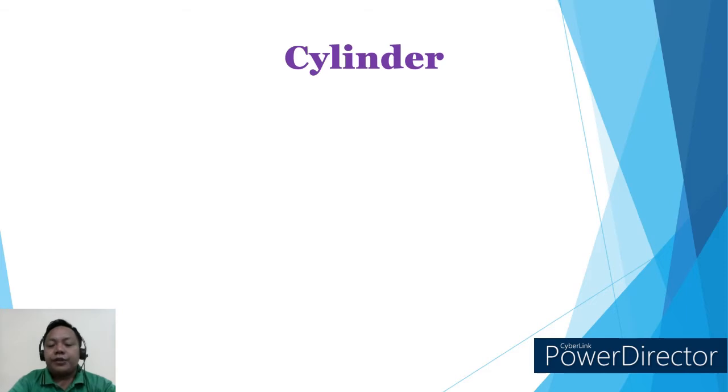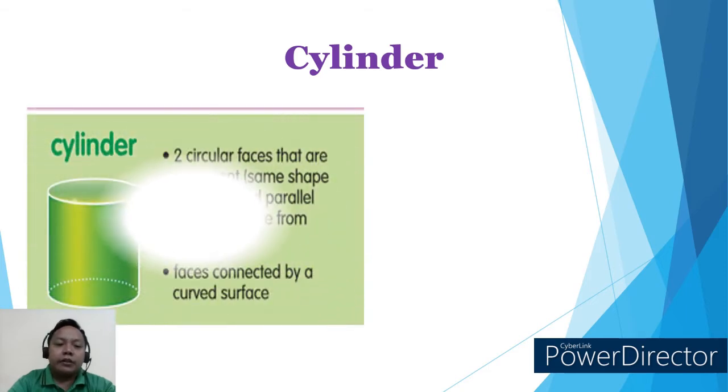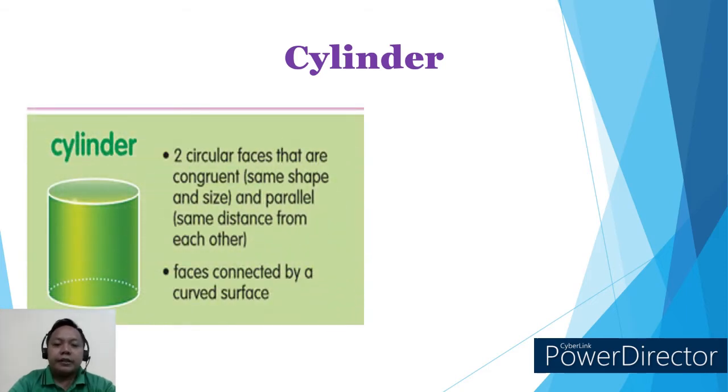The next solid figure that we have is what we call cylinder. Okay, alamin po natin kung ano ba tong cylinder na to. Okay, cylinder have two circular faces that are congruent, same shape and size. Okay? So, ito po yung congruent na faces nito. Itong nasa baba at itong nasa taas. Bilog po ito, circular faces.